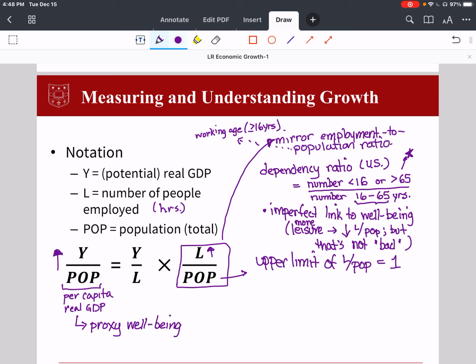As a result, this provides a hard limit to the extent to which we can see increases in income per capita, at least from this source. It limits the extent to which we can see an increase in GDP per capita from increasing labor per capita.